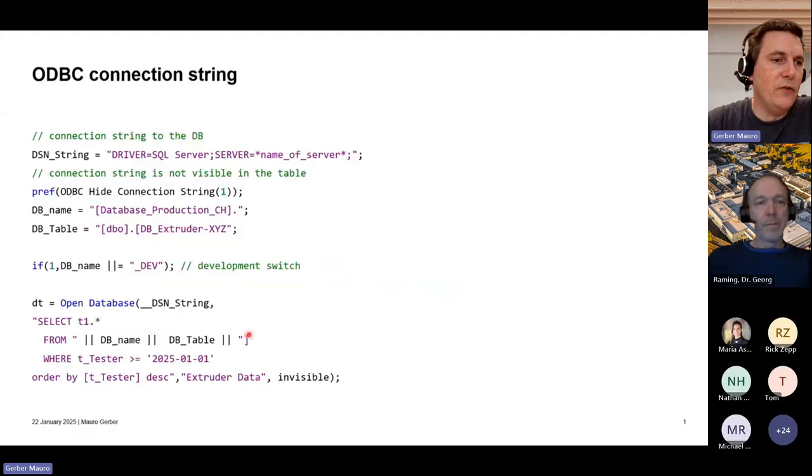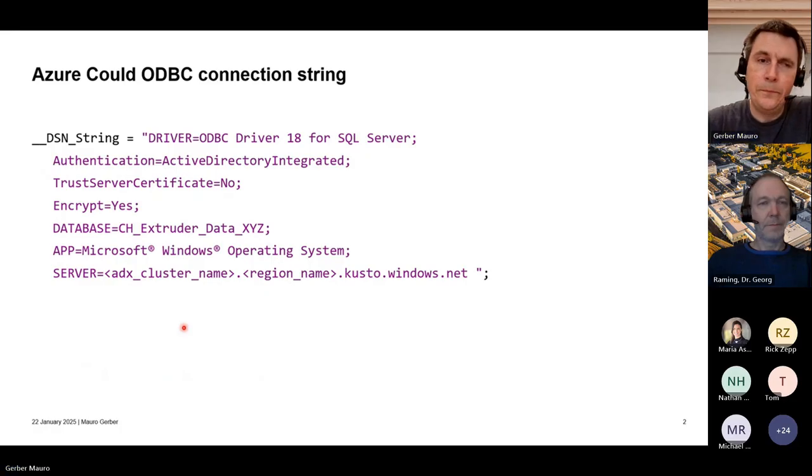If we replace the string and then open database, it would work the same way. So whether it's a SQL database or an ADX, you can connect to it, no problem. But again, depending on the security settings and everything, this can look different.